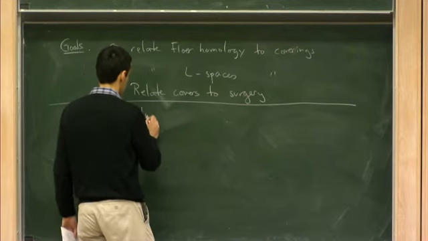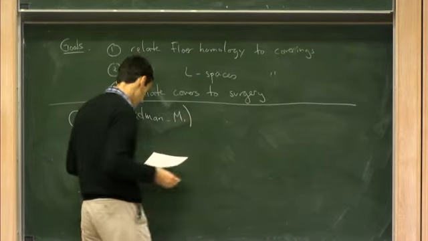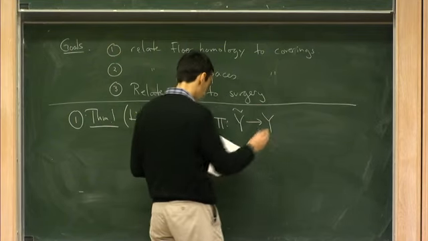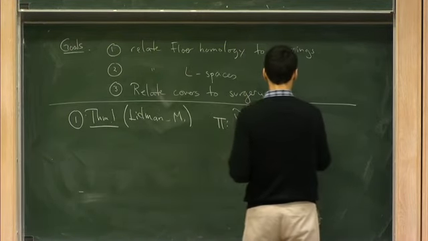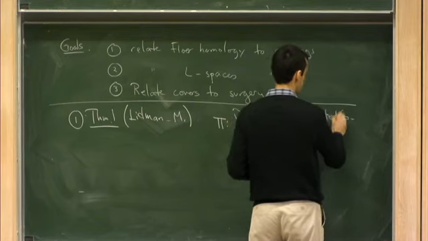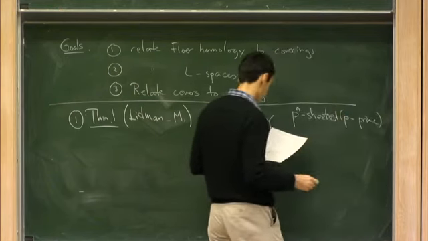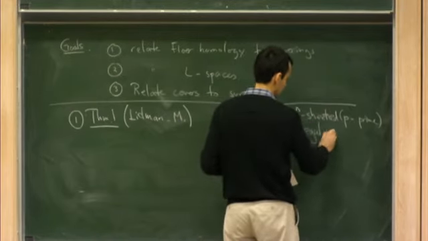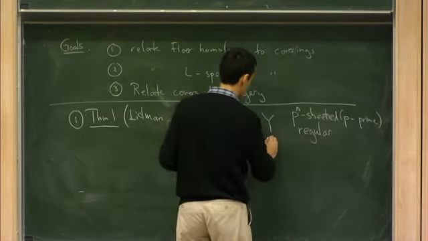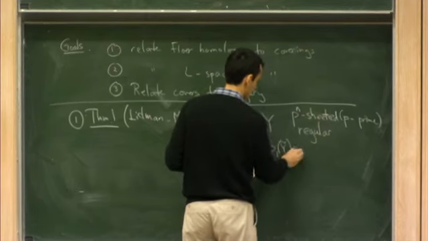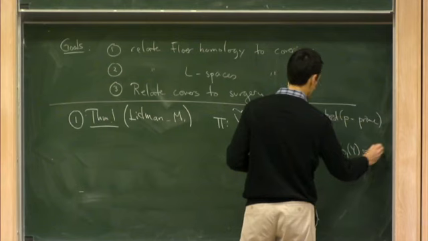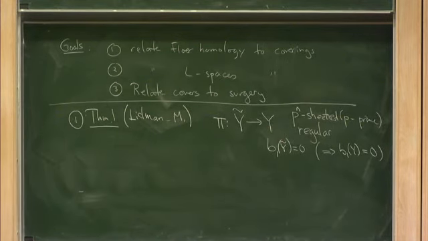Okay, so with Lidman, we prove the following: if we have a covering from Y tilde to Y, and we need some hypothesis, it's of order p to the n, where p is a prime, and it's regular. And we're also assuming that b1 of Y tilde equals 0. So we're just going to work with rational homology spheres. This, of course, implies that also b1 of the base is 0.